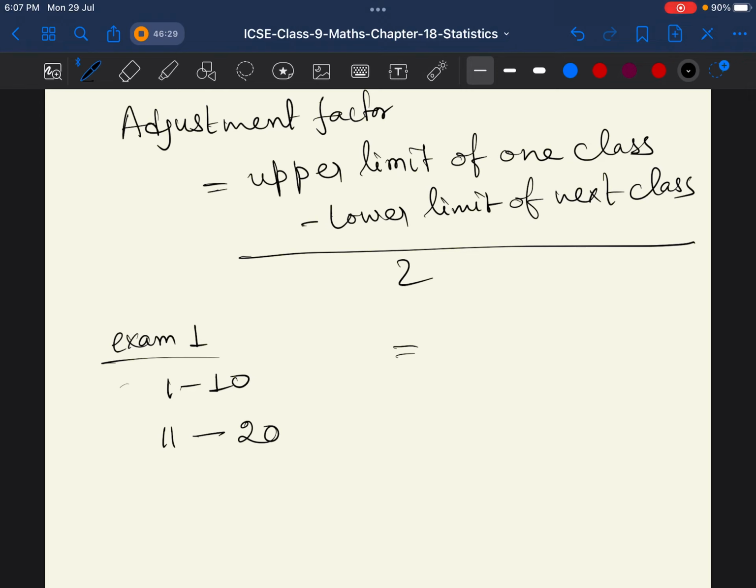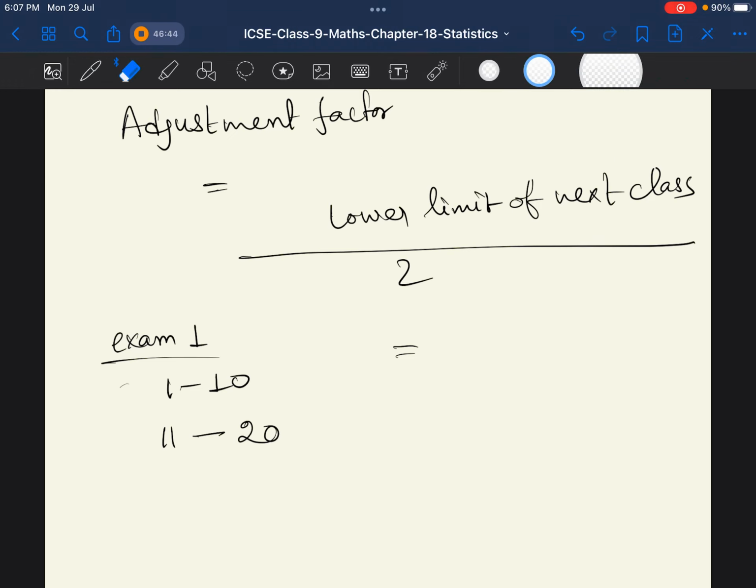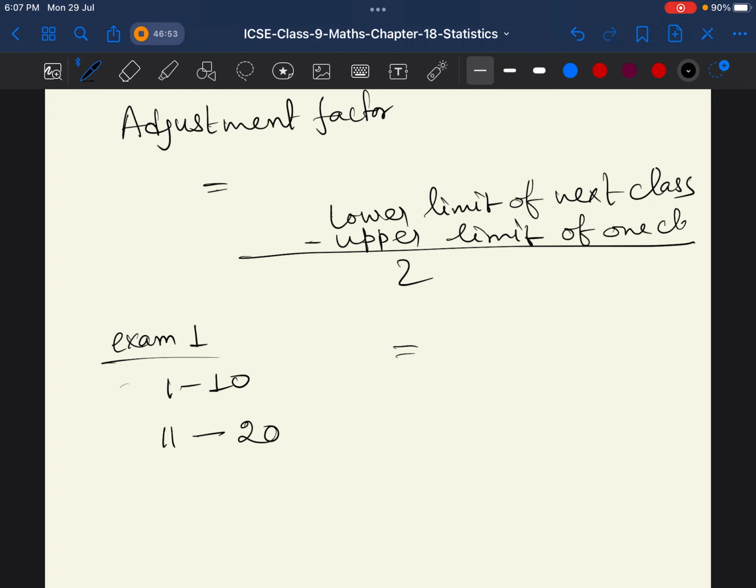Upper limit 10 and next class lower limit 11.